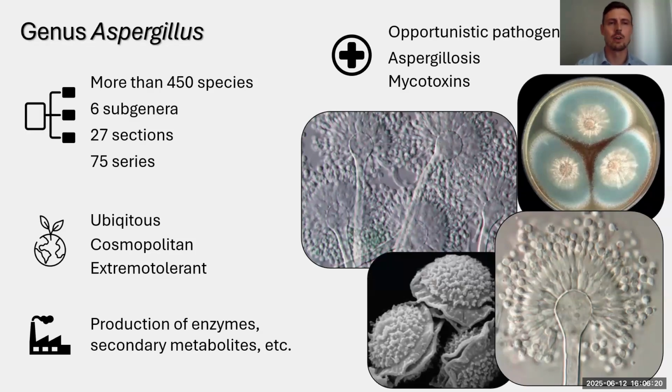It contains over 450 species, and the number is growing every year. The members of the genus are growing all over the world. They are used in various processes in biotechnology. They are of course acting as pathogens, causing infections and so on, producing mycotoxins. It's clear that it's just an important genus.